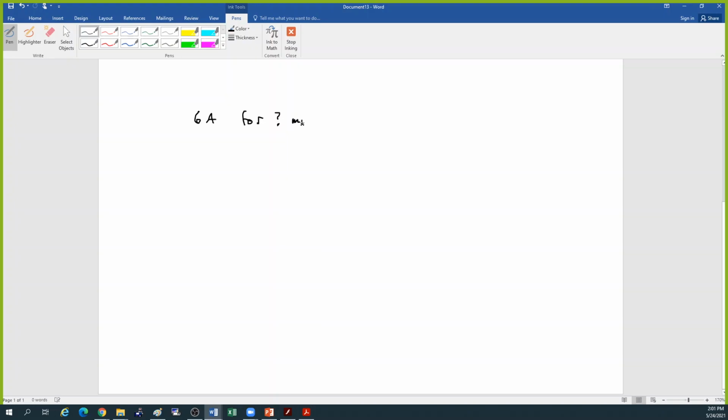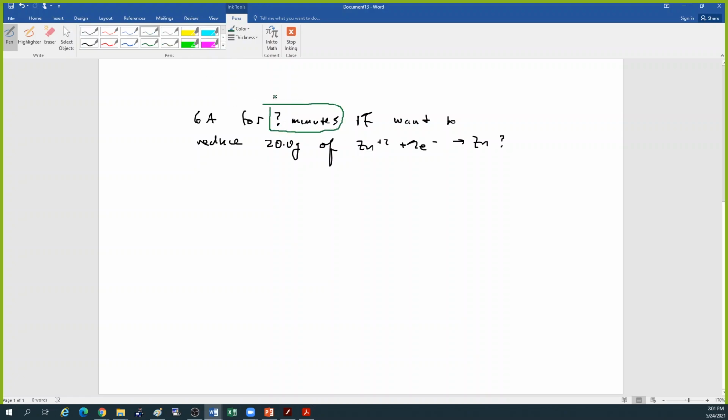For how many minutes would we have to run it if we want to reduce 20 grams of zinc metal? So in this case, I want us to find how long we would have to run the device.